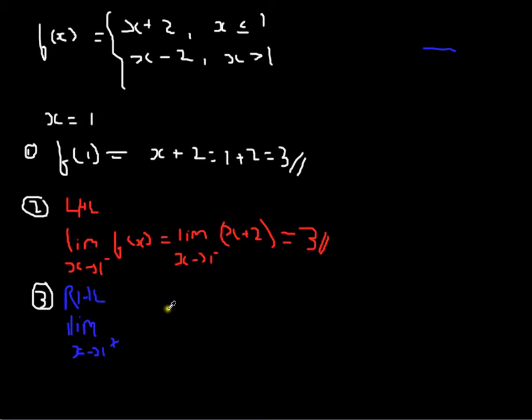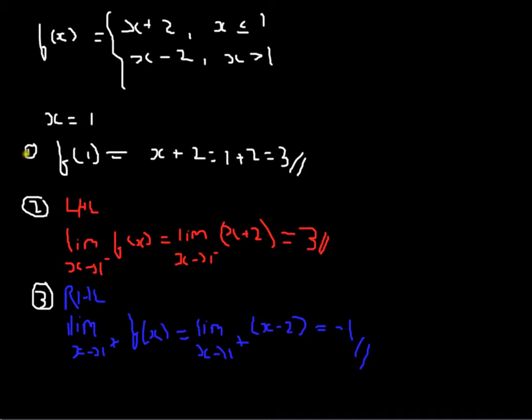So we put limit x tends to 1 plus of f of x. Now for x greater than 1, the value is defined by x minus 2. So we can write this as limit x tends to 1 plus of x minus 2. Now put the value of 1 here, then you'll get 1 minus 2 is equal to negative 1.